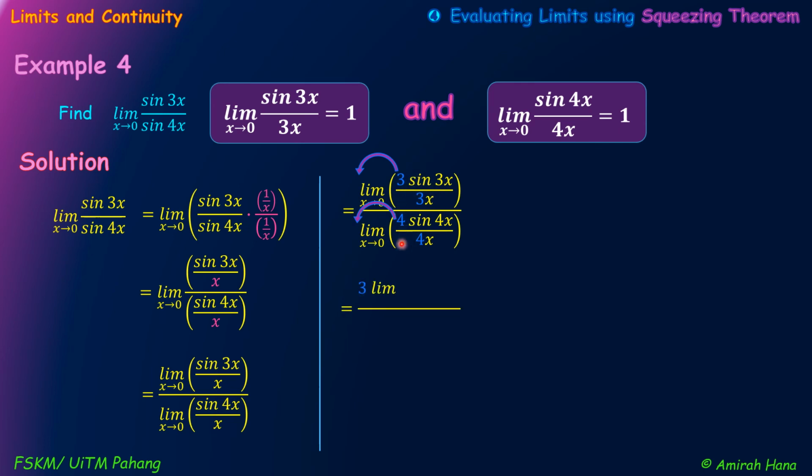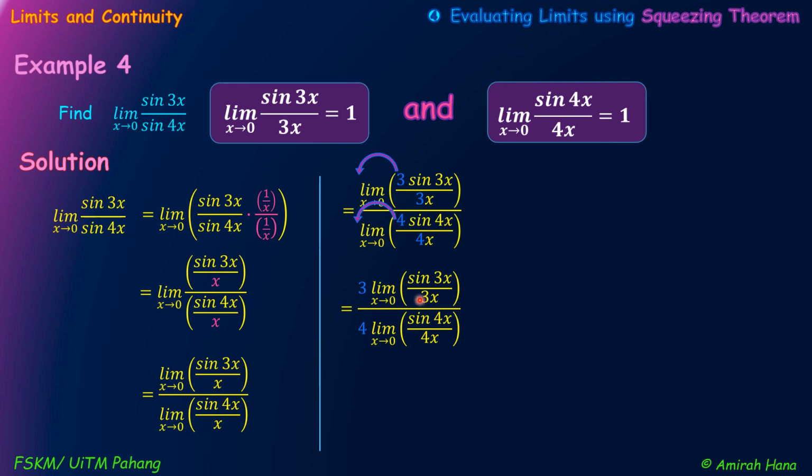After we move out constant 3 from the fraction in the numerator, we get 3 times the limit as x approaches 0 of sine 3x over 3x. Moving out constant 4 from the denominator, we have 4 times the limit as x approaches 0 of sine 4x over 4x.